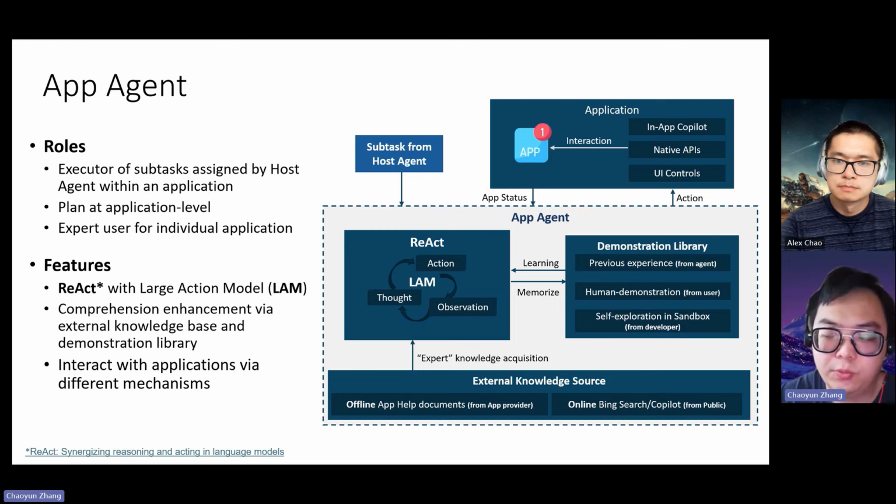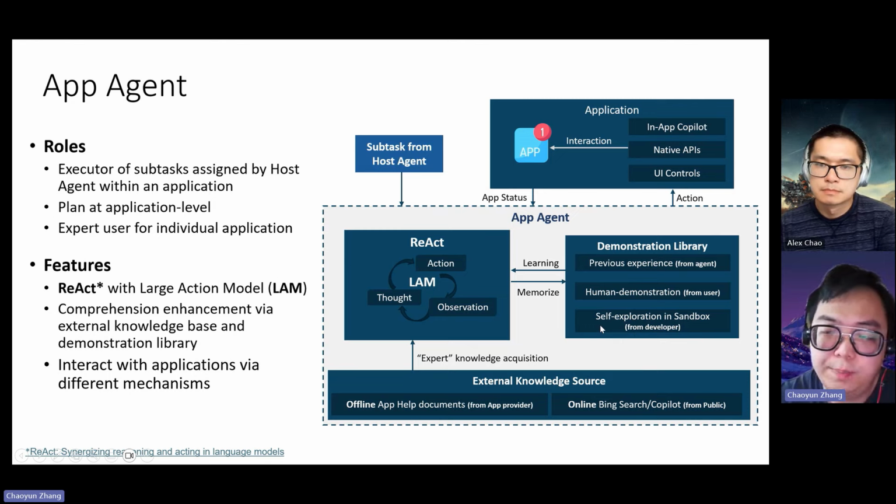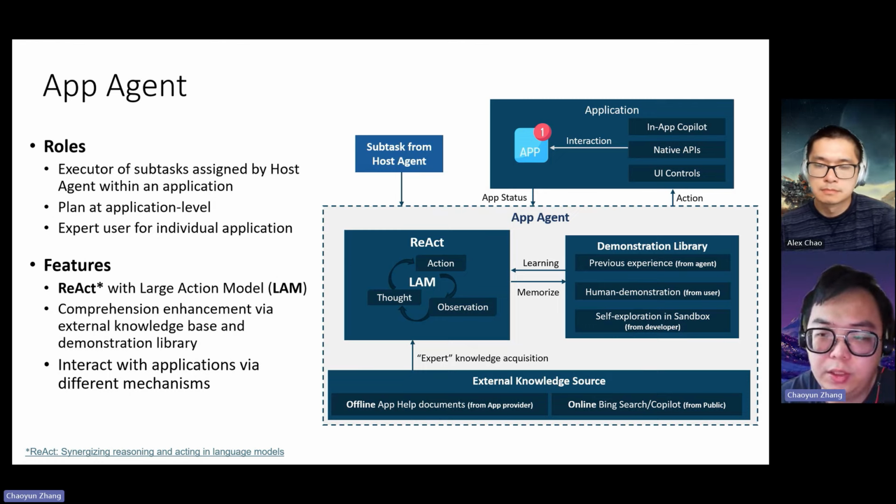Another thing we think is cool is that we are building a sandbox to allow the agent to self-explore on a specific application. This will generate a lot of successful trajectories and failed trajectories. We will extract the successful trajectories as demonstrations into this demonstration library.